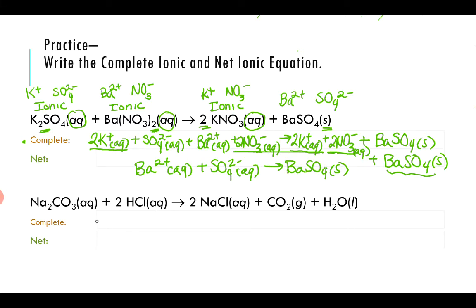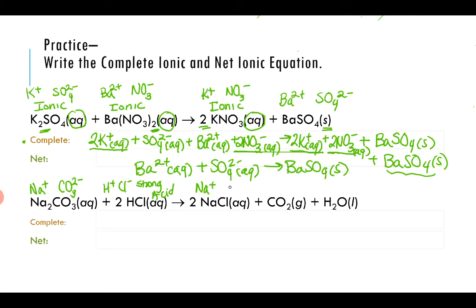And so we'll do our last problem down here. We have sodium plus ions. We have carbonate anions. This is a strong acid. It's on your strong acid list, and so that one's going to need to be ionized as well. And that's made up of H plus ions and Cl minus anions.